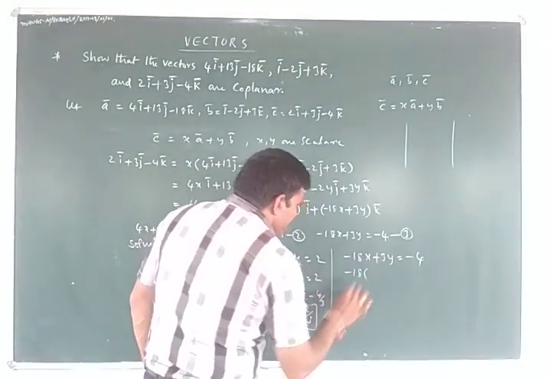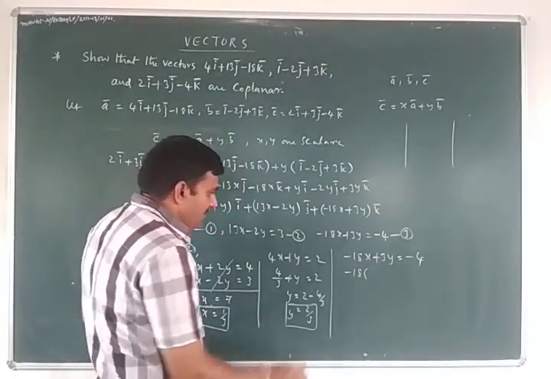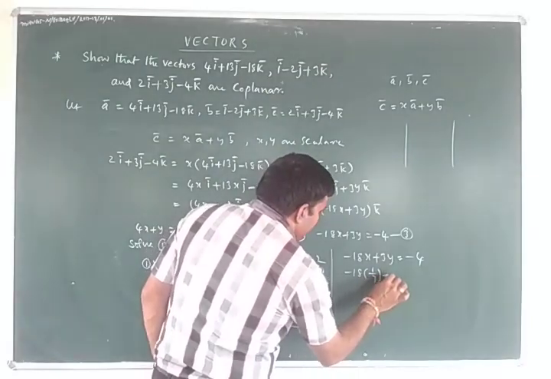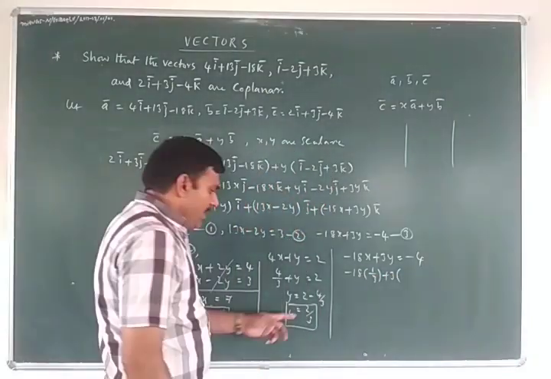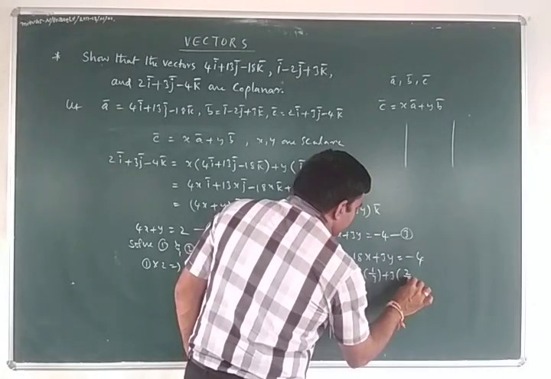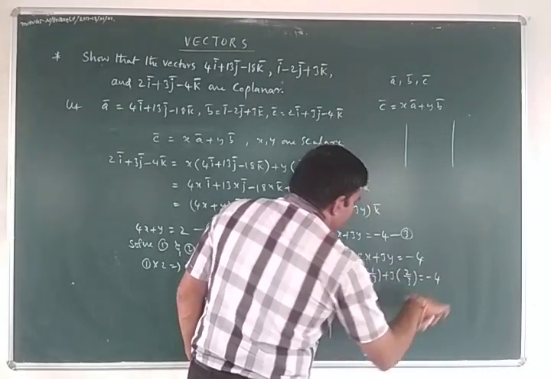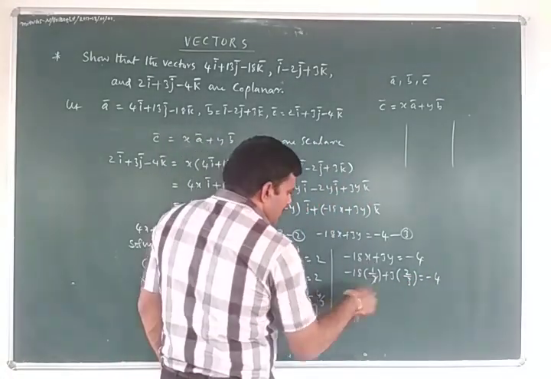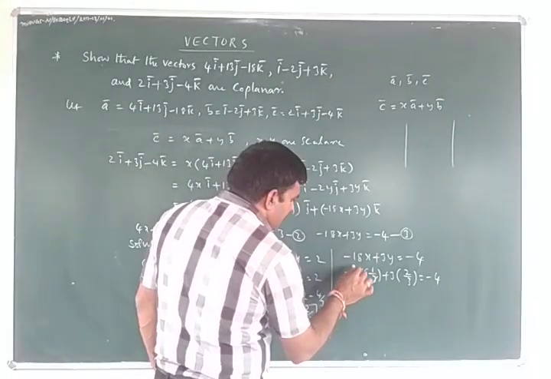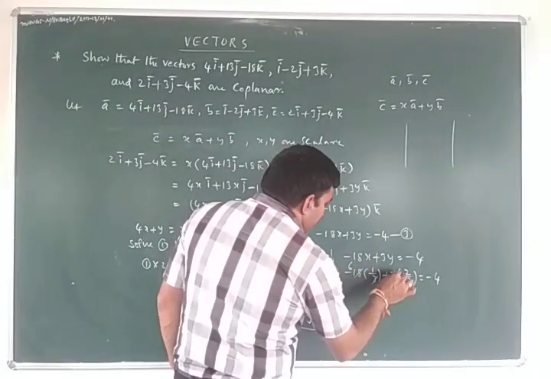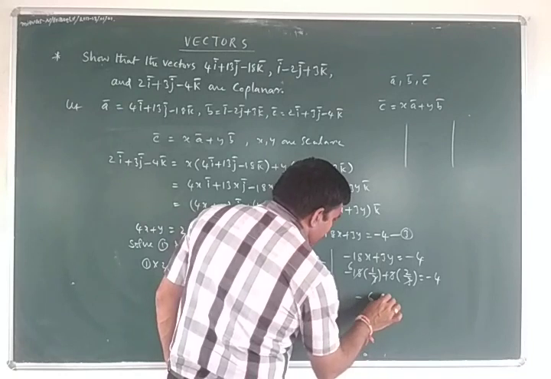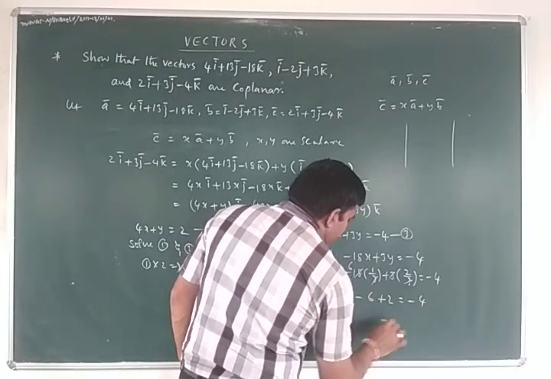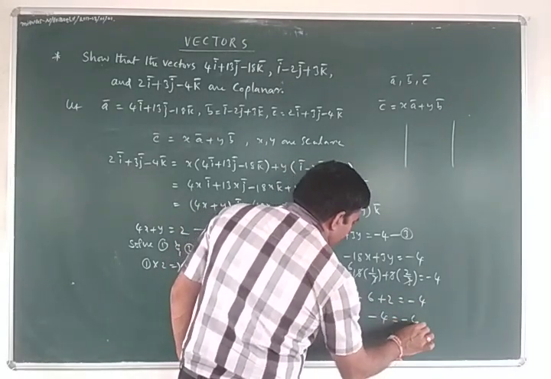So minus 18 into 1 by 3 plus 3 into 2 by 3 is equal to minus 4. Here 3 ones are 3, 3 sixes are 18, the 3s cancel. So minus 6 plus 2 is equal to minus 4. So minus 4 is equal to minus 4.